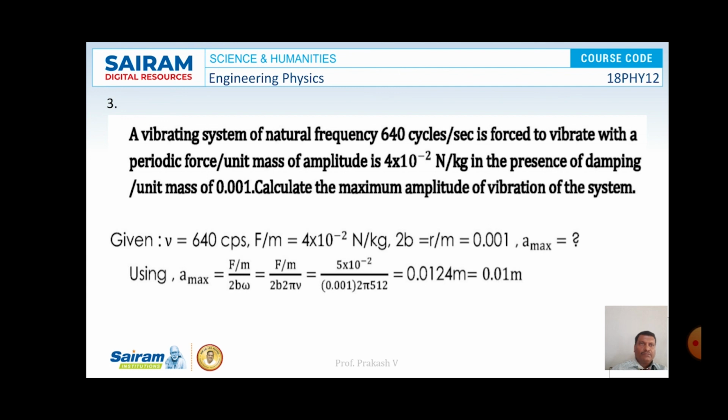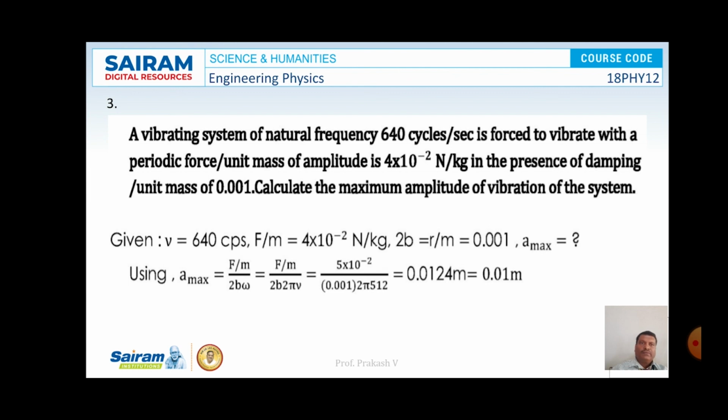Calculate the maximum amplitude of vibration of the system. Here mu is equal to 640 cycles per second, F by m is given as 4 into 10 to the power minus 2 Newton per kg, and the value of 2b is equal to r by m, which is equal to 0.001. So what is A max?